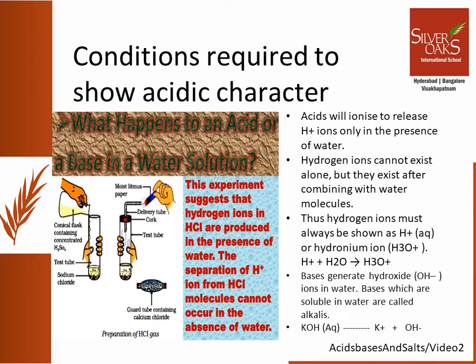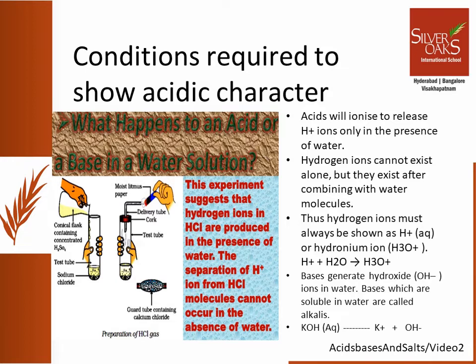The separation of H plus ions from HCl molecules cannot occur in the absence of water. Hence, we see that presence of water or moisture is essential for the dissociation of ions. Acids will ionize to release H plus ions only in the presence of water.